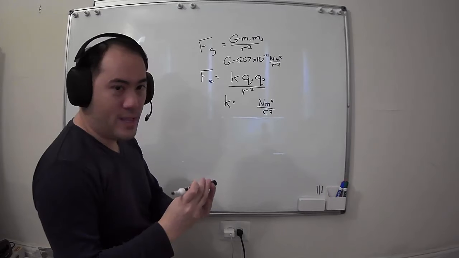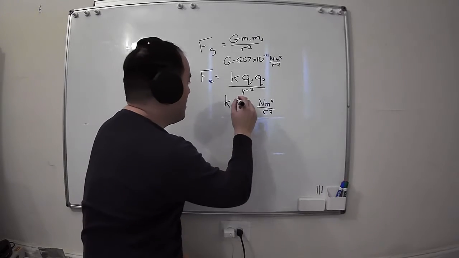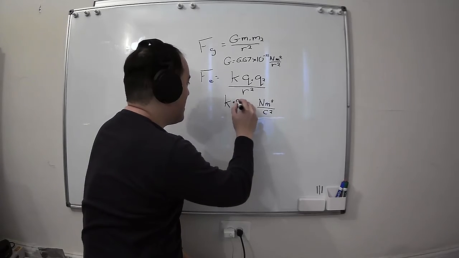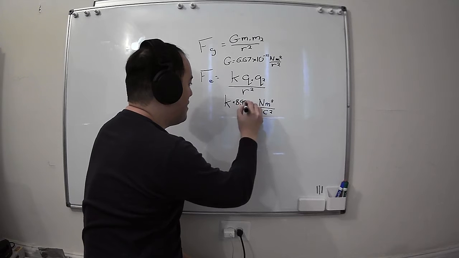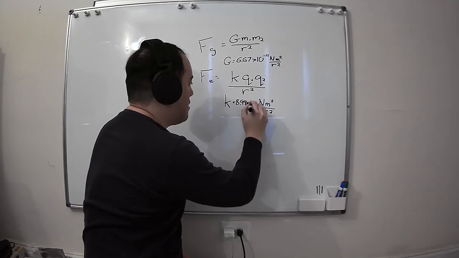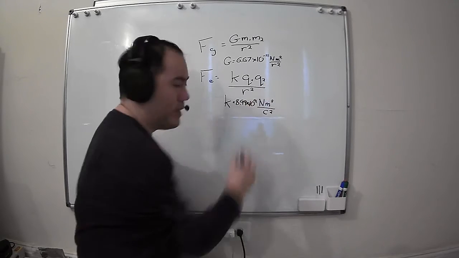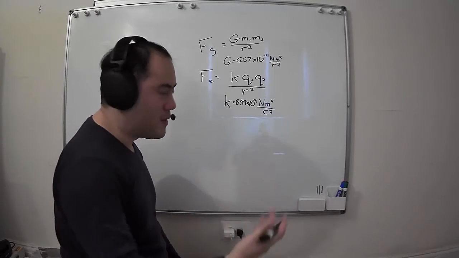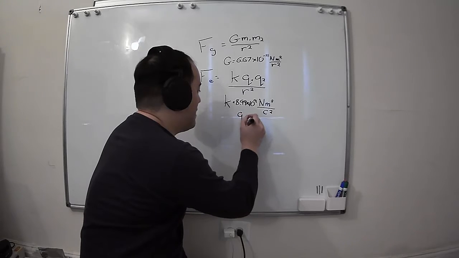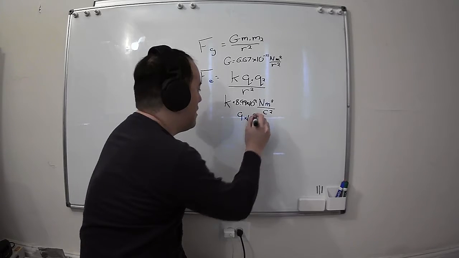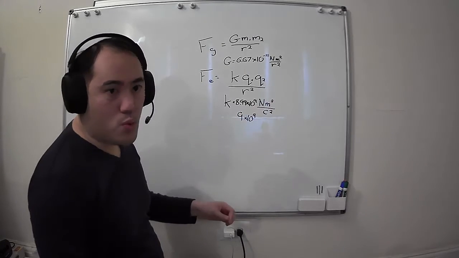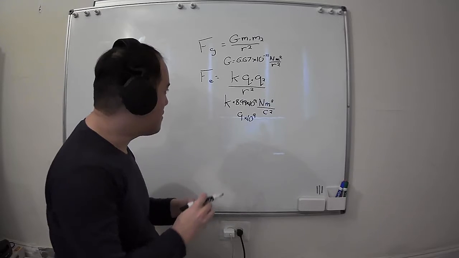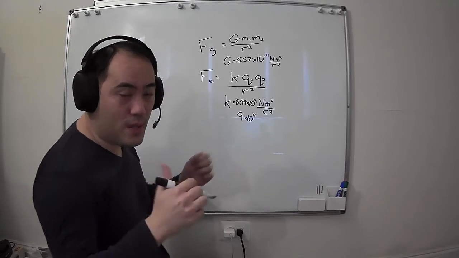Scientists have determined it's almost a very nice number, but it's not: 8.99 times 10 to the 9th. If you want to round, if you're only dealing with approximations, if you're in a rush, 9 times 10 to the 9th newton meter squared per coulomb squared. So 2 great equations for 2 great forces. We're doing great so far.